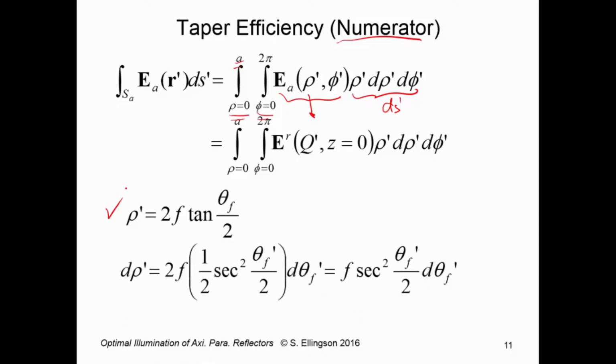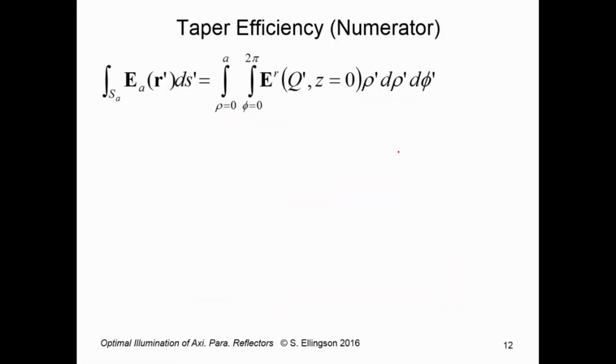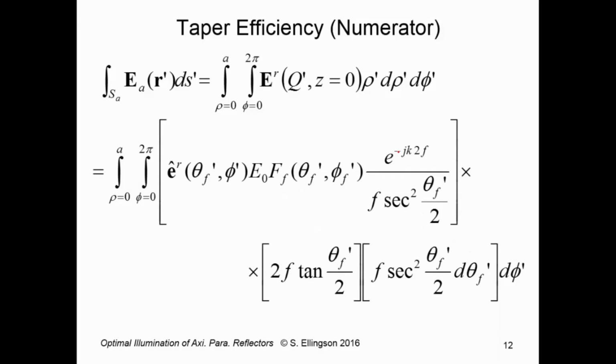If we take the differential of that in order to get d rho prime, then we get 2f times 1/2 secant squared of theta sub f prime divided by 2 times d theta sub f, right? And that simplifies to this expression. So now we have this, and we have this. Putting this all together, this is the expression that we get.